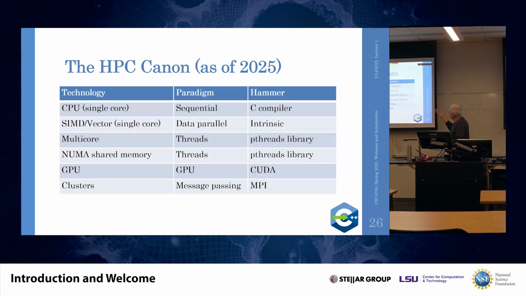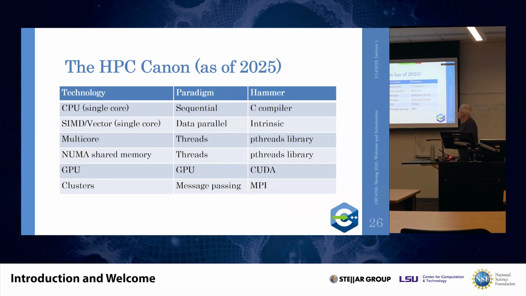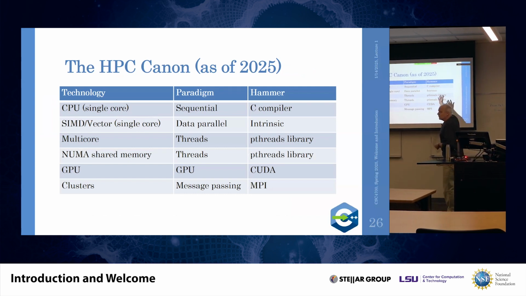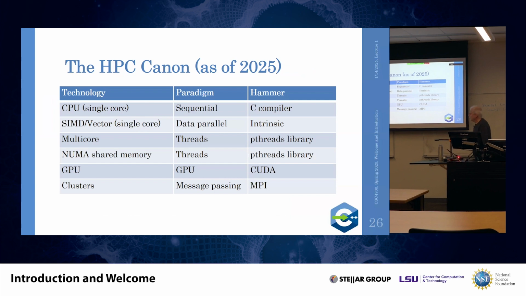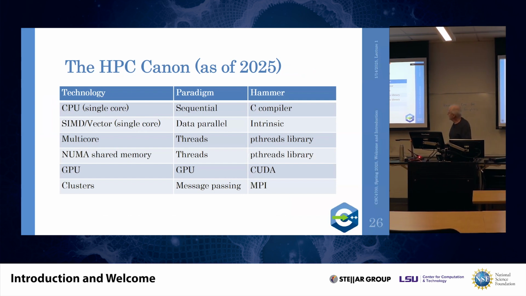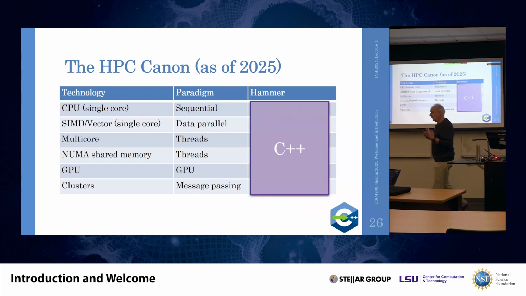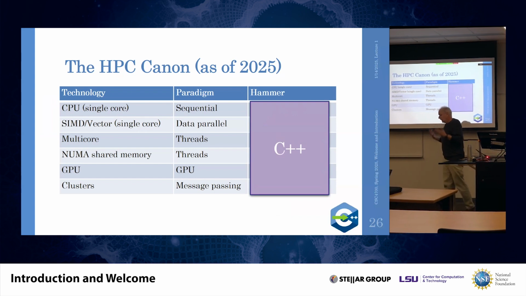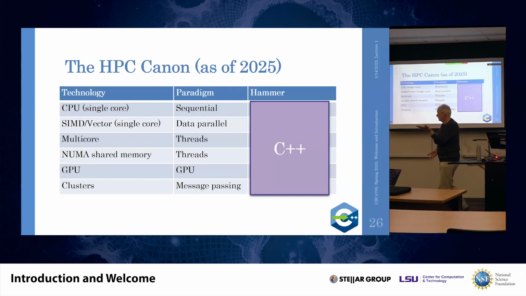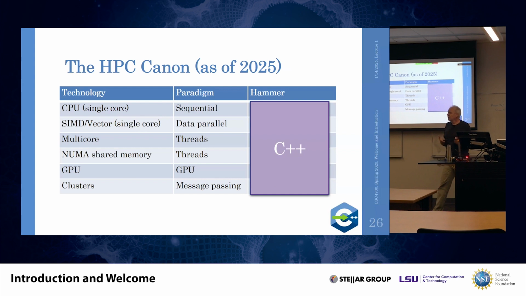So if you go back to that HPC canon, and since you don't see C++ here at all, I thought we have to change that. So what I want to do is I want to use C++ for everything here. So give you a means of using the same language, the same libraries, the same environment for all the problems, which unifies the way you write code.